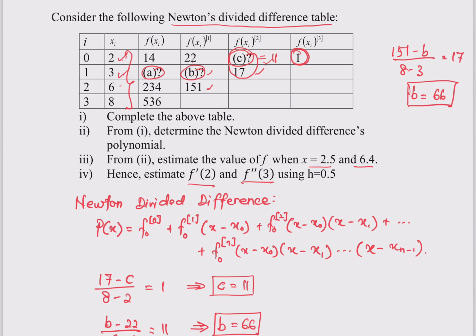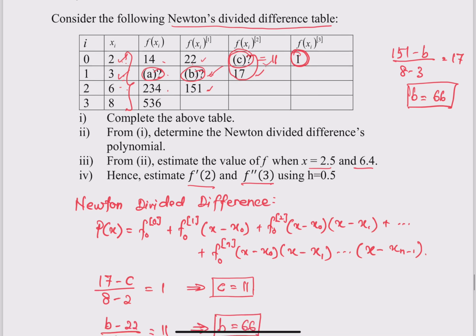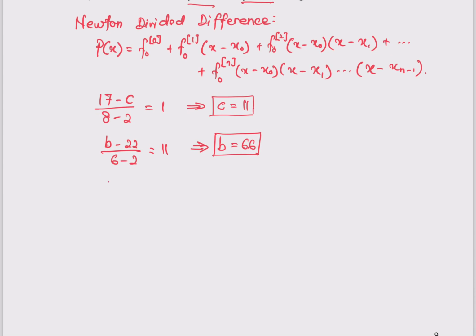So at the same time, you also study about the interpolation. And of course, to get A, you can use this value (234 minus A) divided by (6 minus 3) is equal to 66, because we know the value of B. And we also can use (A minus 14) divided by (3 minus 2) is equal to 22, and this implies your A is equal to 36.